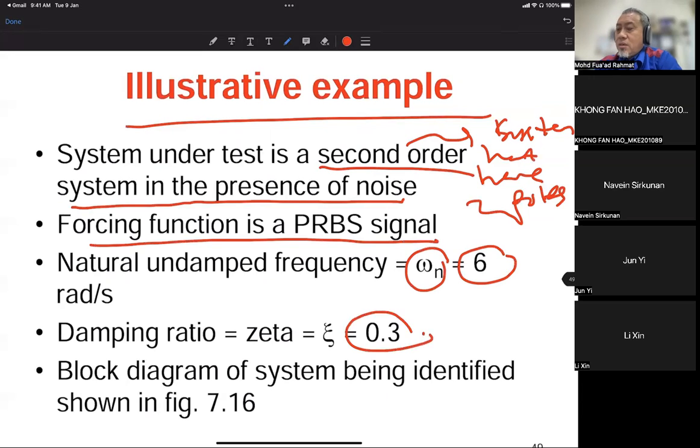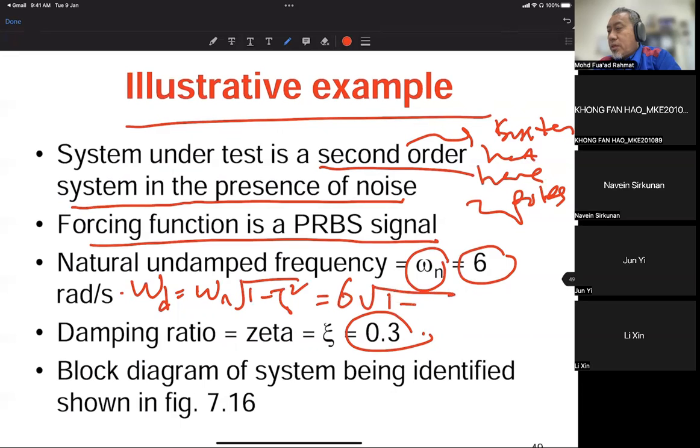So what is the damped natural frequency, omega d? Omega d is omega n times the square root of 1 minus zeta squared. So somebody help me, what is the value of 1 minus 0.3 squared? Omega d is the damped natural frequency.